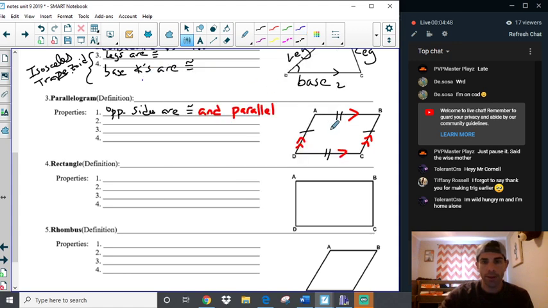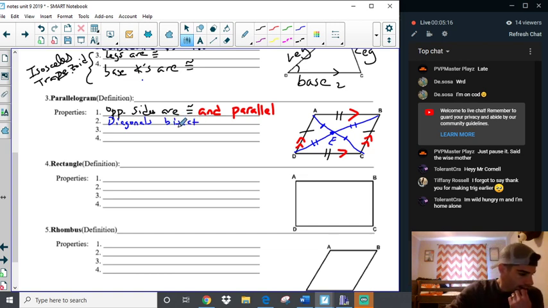Then we can talk about the diagonals. I drew diagonal AC and diagonal BD. They bisect each other. If I call this intersection point E, AE would be congruent to EC, and DE would be congruent to BE. So we write diagonals bisect.